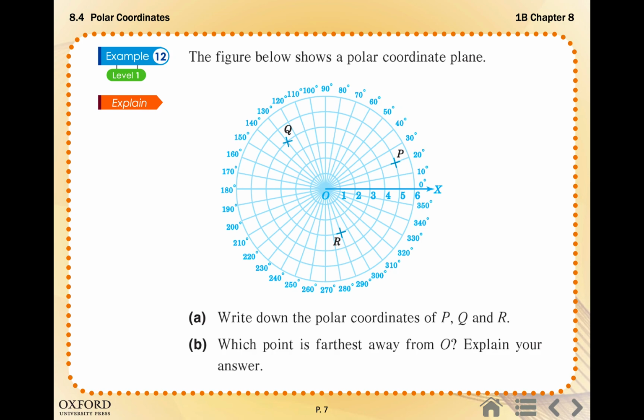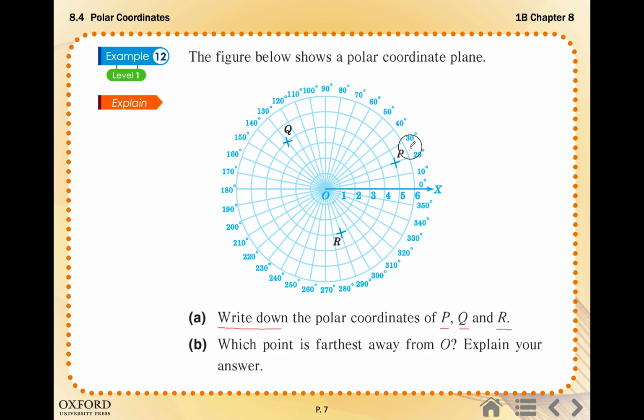For this example 12, the figure below shows a polar coordinate plane. For this plane, you are asked to just write down, no need to explain any more, the coordinates of P, Q, and R.